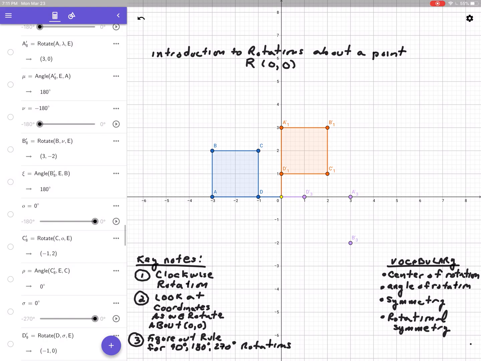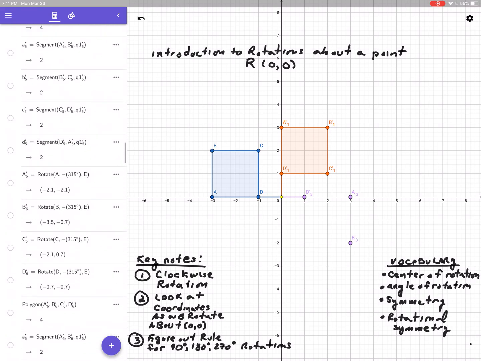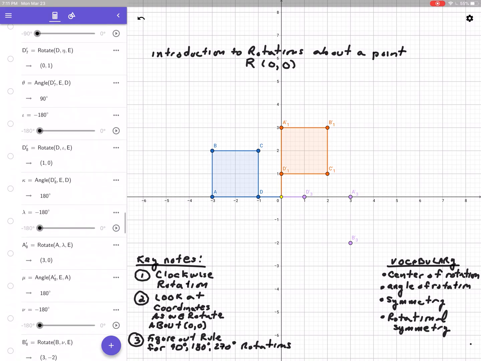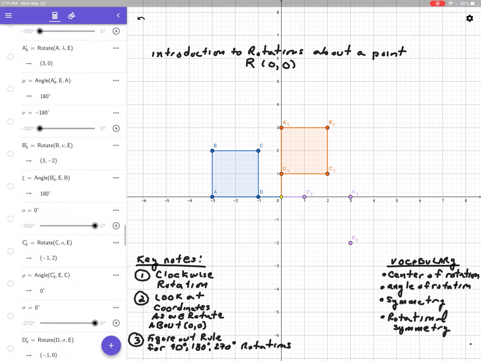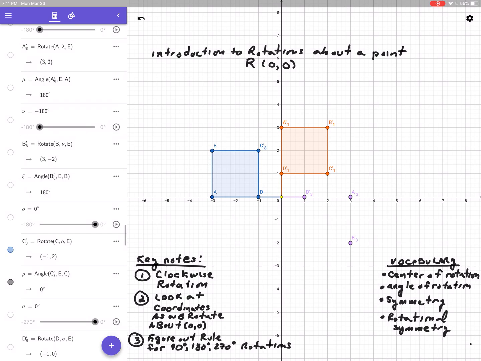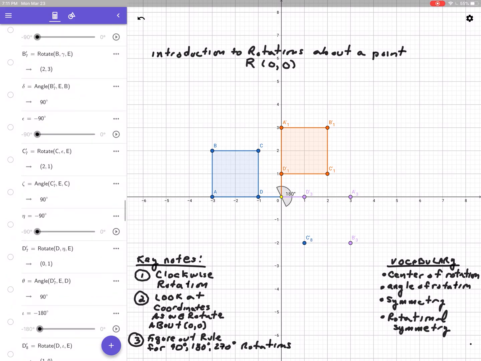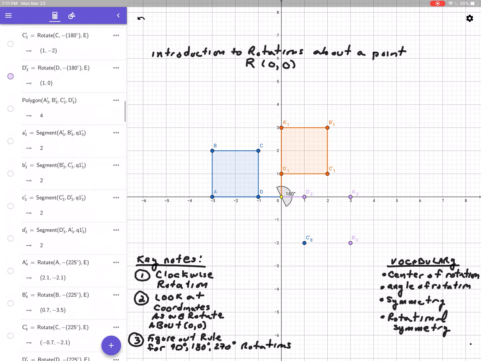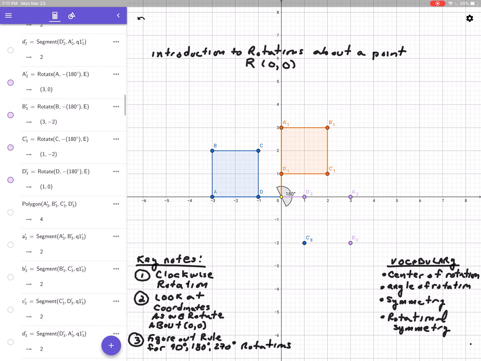Oops, sorry. So now we do C. Sorry about that. So let's do that, and we can see that it's rotating again 180 degrees, and note the angle. It's very interesting how it works, right? Huh? No? Yeah? Okay, and then we're going to make sure that we label the last point.